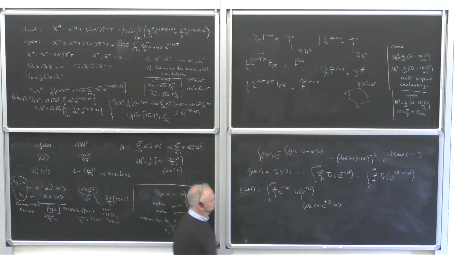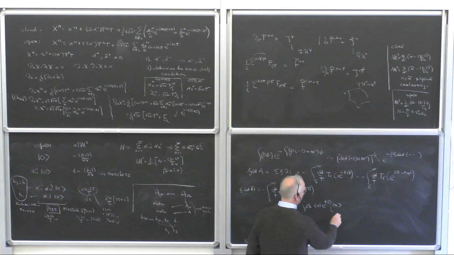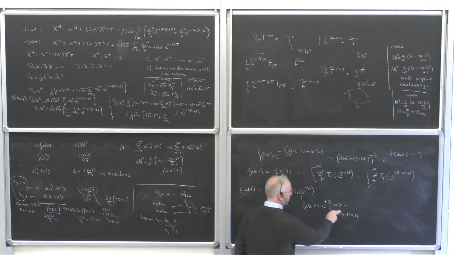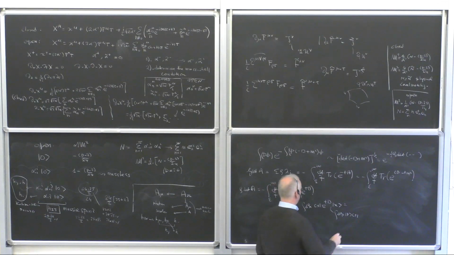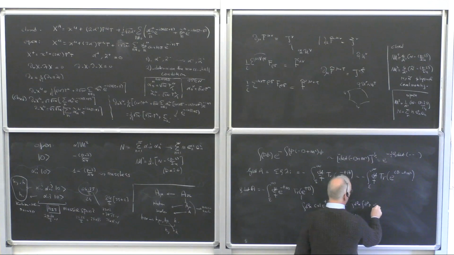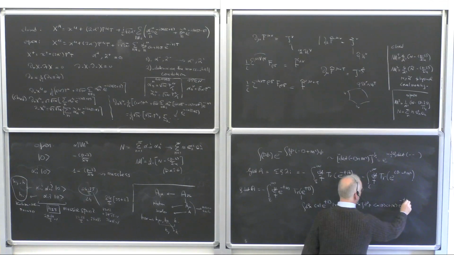Then I introduce another complete set of states here, the momentum, integral d^d p, |p><p|, and then this operator is diagonal in the momentum basis. And so you get the integral d^d x, d^d p, and then you're left with <x|p><p|x>, e to the minus t p squared.